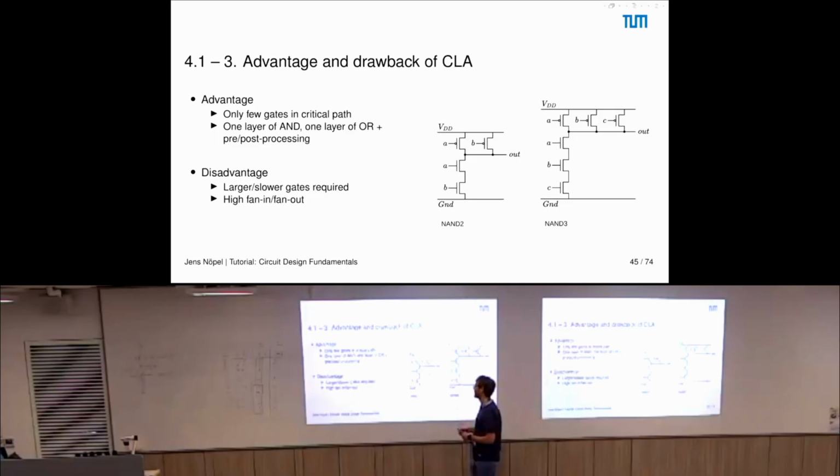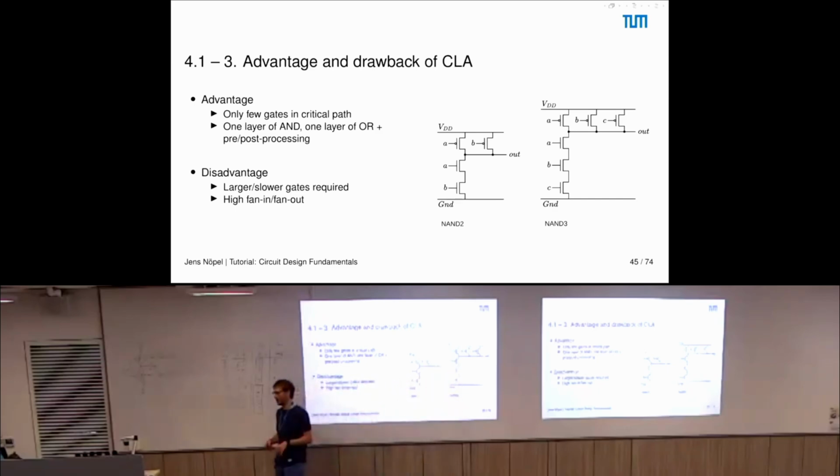So either you could make those 2 faster, right? So you just make them wider. Nevertheless, as you see, the more inputs you add here, the slower this path would get. So you would need to make your transistors very large.